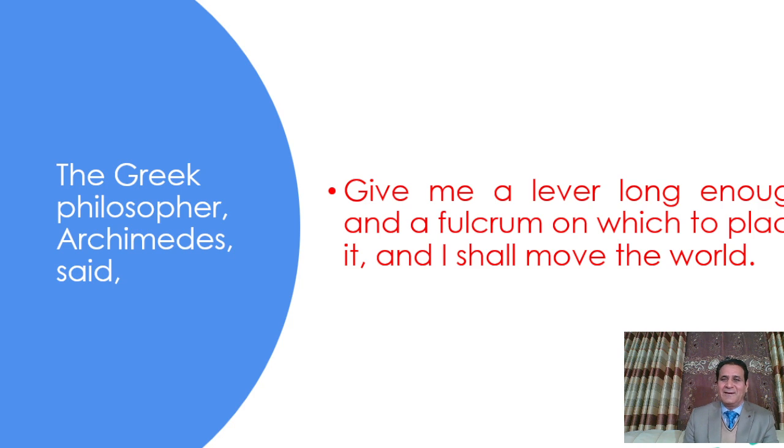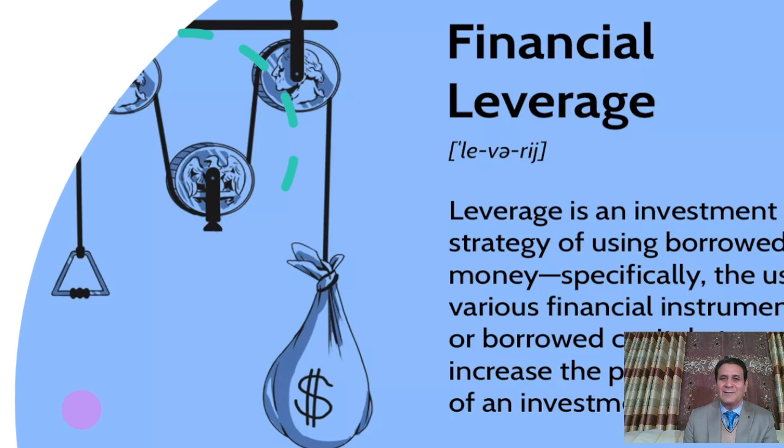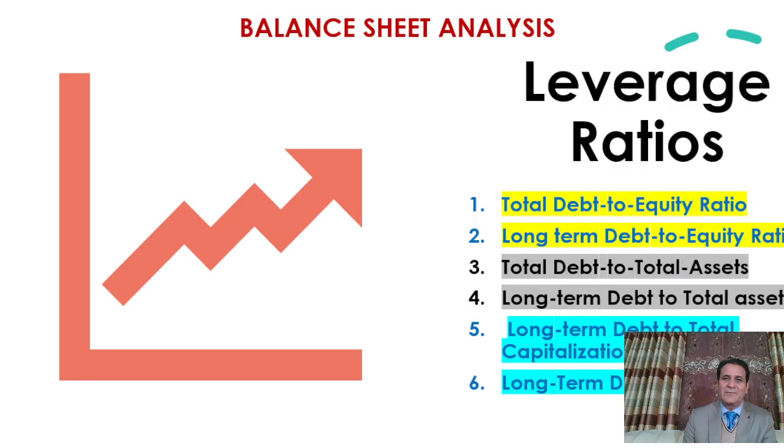Certainly, this is the force that the lever gives you, by which you can move the world and run your business. Financial leverage is an investment strategy of using borrowed money, especially various financial instruments or borrowed capital, to increase the potential returns of the investment.